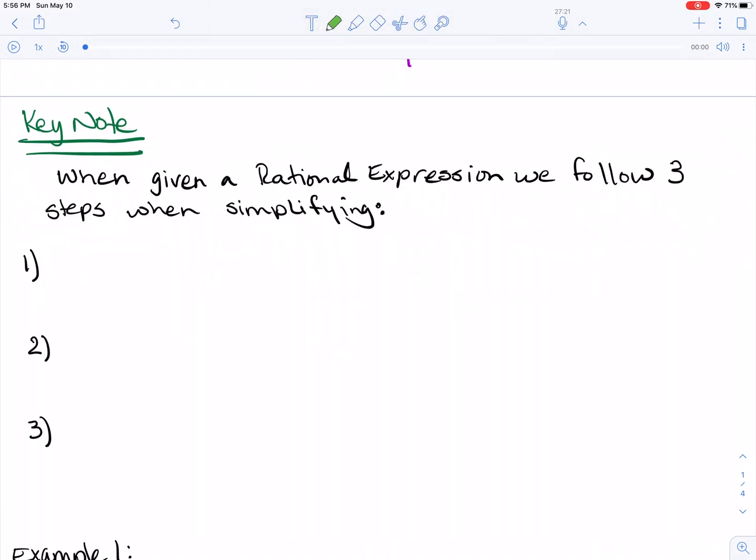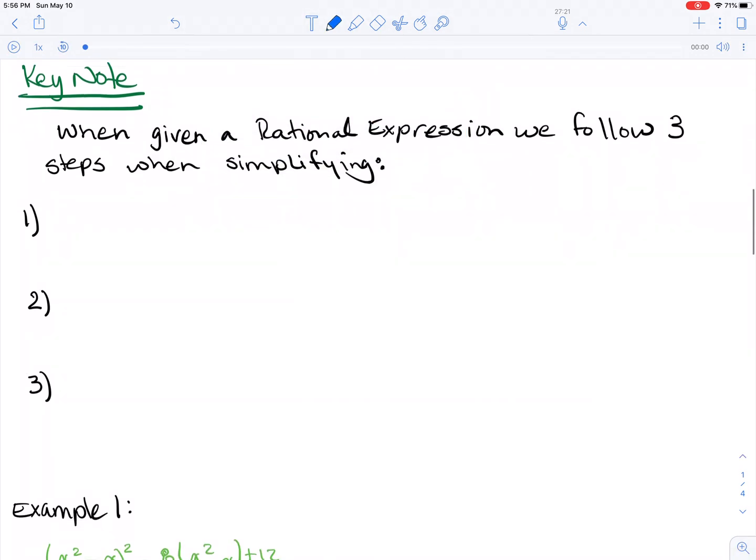When solving rational expressions, we have to remember to follow the 3 steps. Some of you may have come to this conclusion yourself, but not everybody does, so I always like to write it out. So first, we factor both the numerator and denominator.